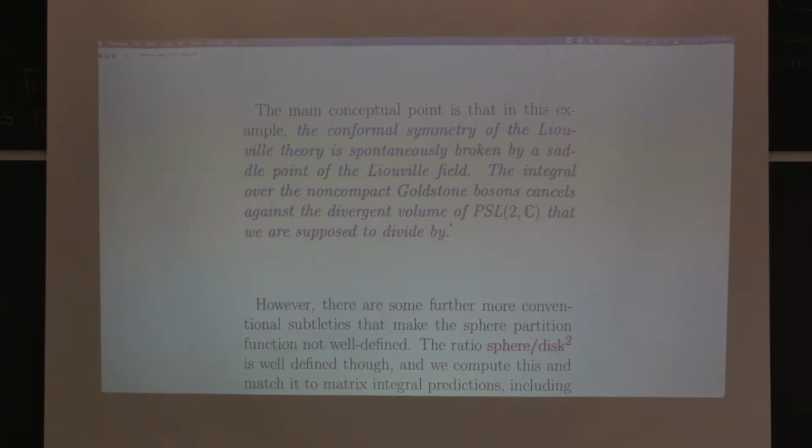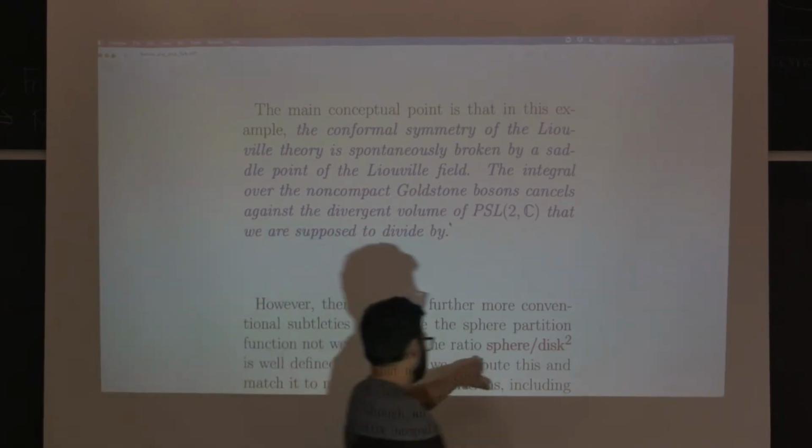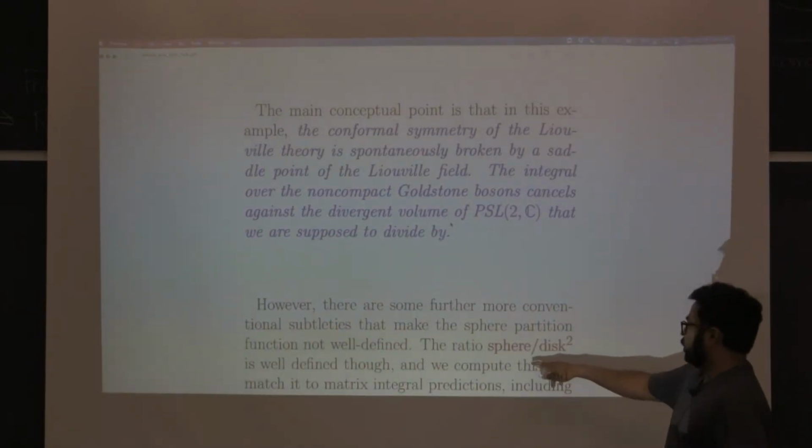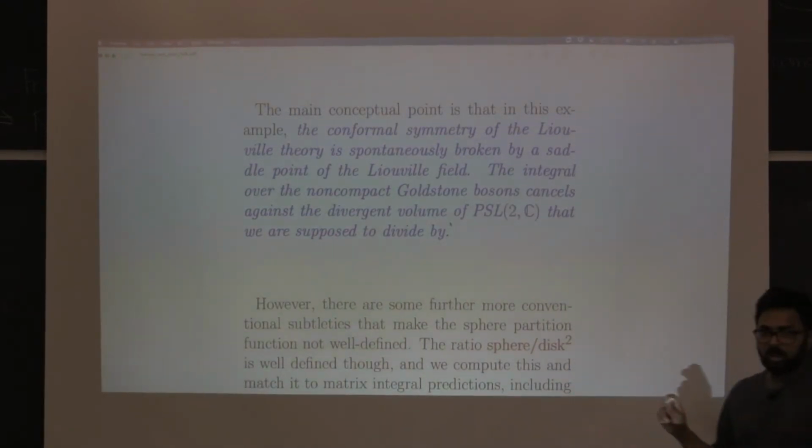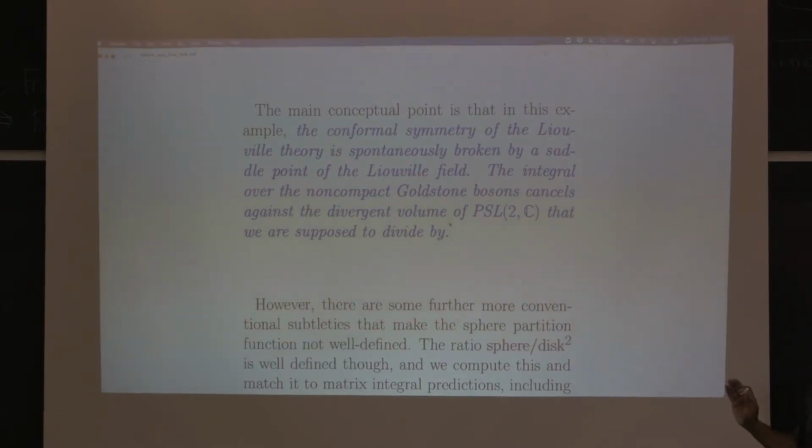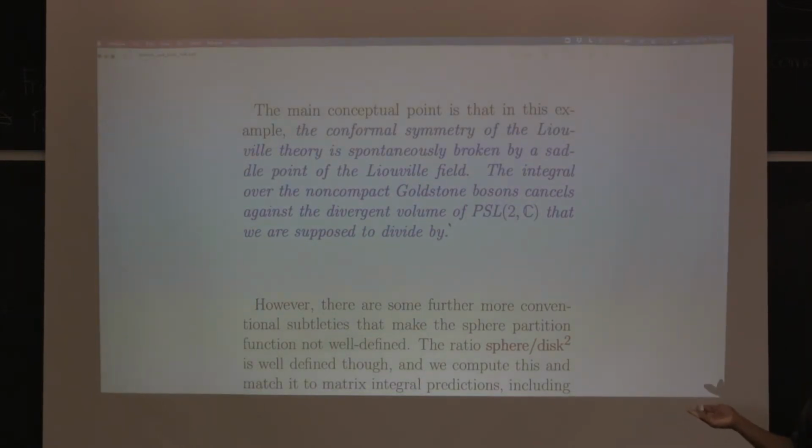Like when we integrate over a scalar field, you have to put a metric on the space of fields. So there are some constants in there. All that stuff will cancel in this ratio. If you compute the ratio sphere over disk squared, all those ambiguities cancel, and what you have is just a real number that you can compare between the matrix and the string theory.